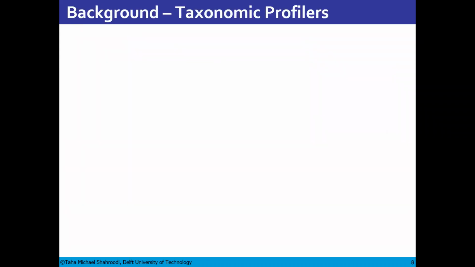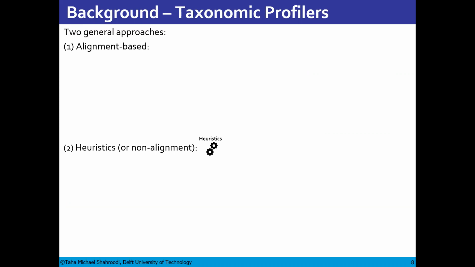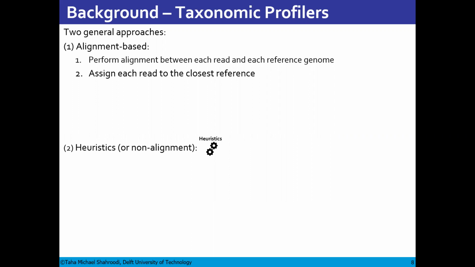First, a brief background on taxonomic profilers. There are two methods to profile sequence data: alignment-based and heuristic-based, or non-alignment. As the name suggests, in the alignment-based method, we first perform an alignment between each read and each possible reference genome, and then we assign the read based on the result.